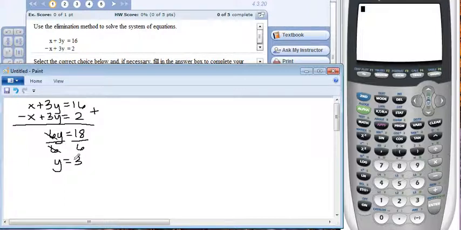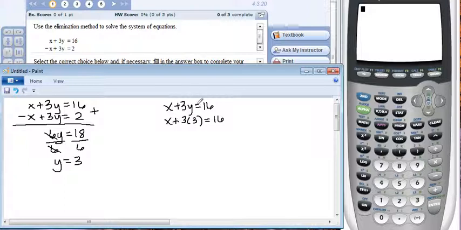Now what I'm going to do is go back to either one of my 2 original equations. It does not matter which one. I'm just going to randomly pick the top one. I'm going to rewrite it. And we've got this solution. Y is 3. So I'm going to put the 3 in right here, because that's what you just told me y was. Or at least I told myself that's what y was. Okay, y is 3.